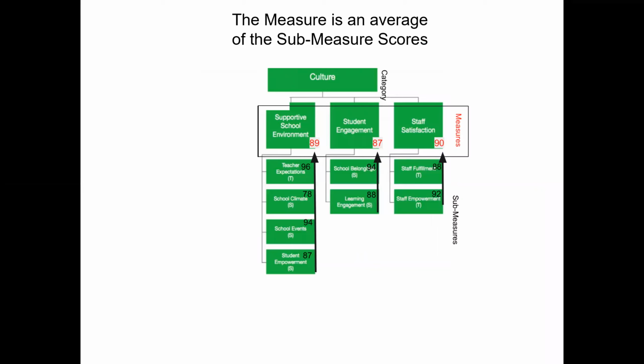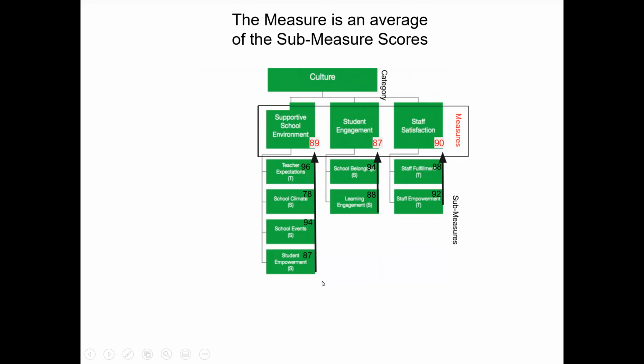Now, you may be wondering, how are these measures and submeasures and category scores calculated? So let's look at the example here under our culture category. The first measure is supportive school environment. We see that it divides into 4 submeasures.